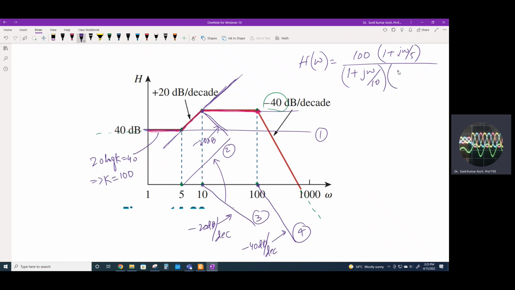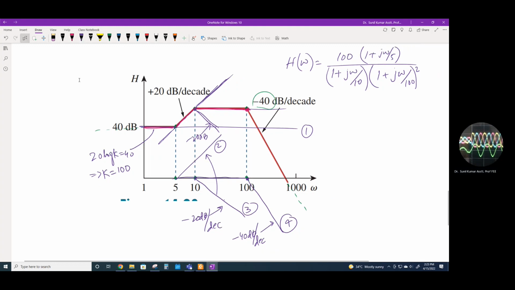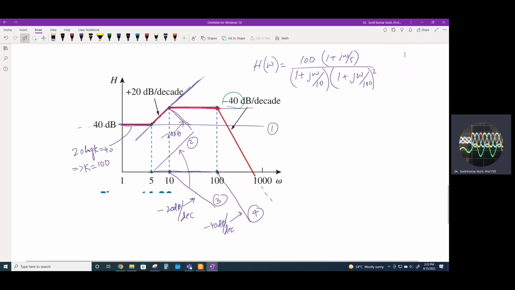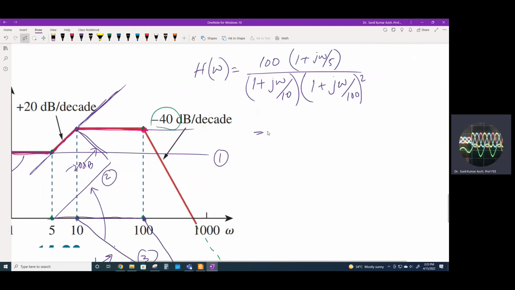And for line number 4, I will write 1 over 1 plus j omega over 100. But its slope is minus 40, so it will get squared. Right. Simply, I will just simplify this.